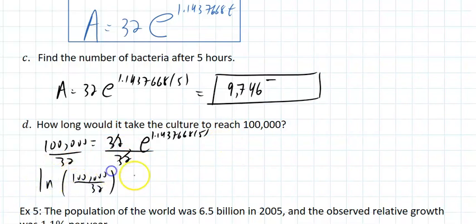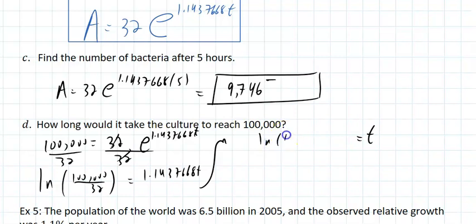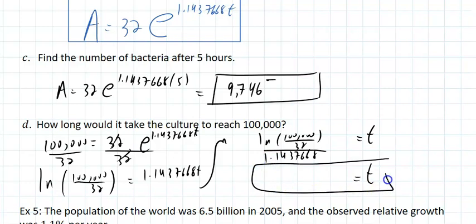Since I have the technology, no need to spend time simplifying. So t will equal natural log of 100,000 divided by 32 all over 1.1437668.